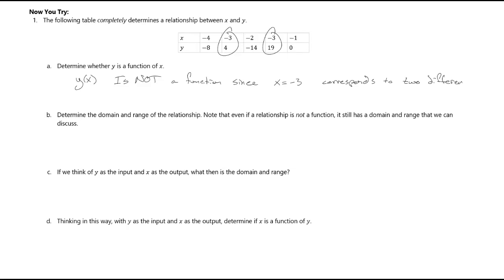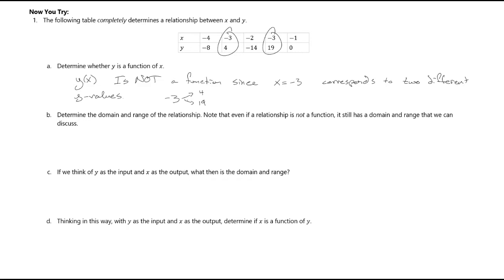So if we think of x as the input, then the input of -3 would output both 4 and 19. -3 would go to 4 and 19, and so we wouldn't consider that a function in that direction at least.